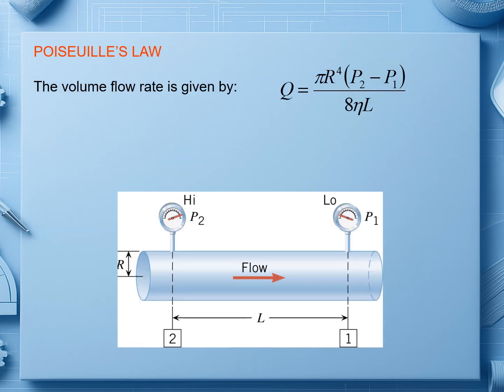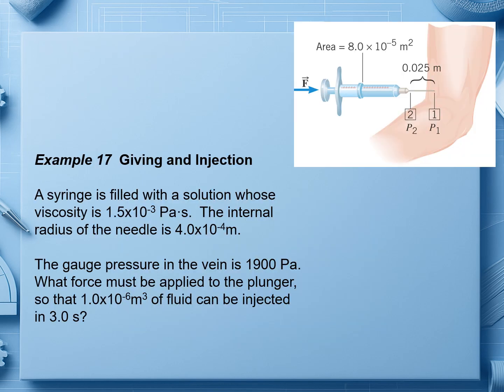Poiseuille's law gives the volume flow rate through a tube as a function of the tube's dimensions, fluid viscosity, and pressure difference. We use this in medicine and engineering. The final example calculates the force needed to inject a fluid with known viscosity through a needle.